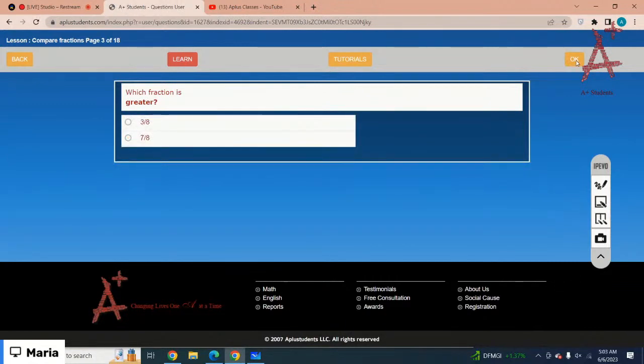Which fraction is greater? 3 out of 8 or 7 out of 8? When they have the same denominators, you just look at the numerators. For this one, both fractions have denominator 8. The one that has the greater numerator is the greater fraction. Got it? So which is greater?